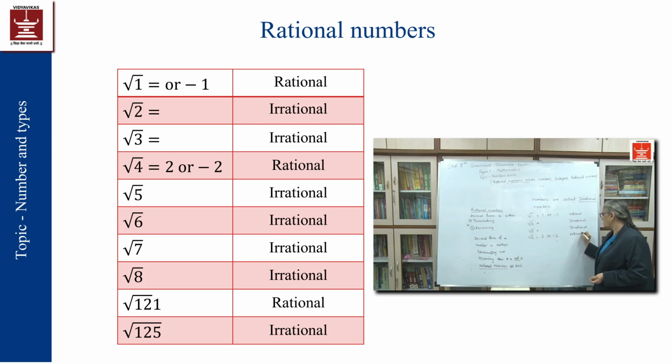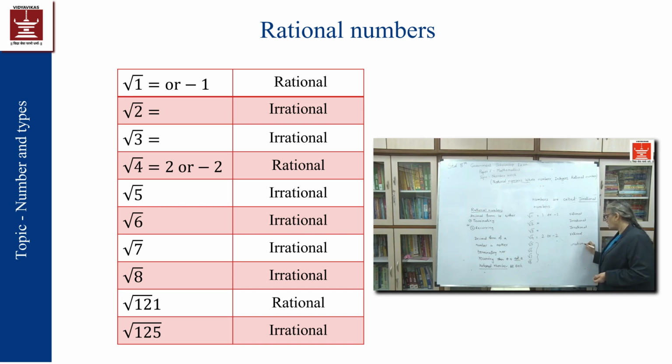Let us proceed. What about square root of 5? It is going to be irrational. What about square root of 6? It is irrational. Square root of 7, square root of 8, all are irrational. Why? Because numbers 5, 6, 7 and 8 are not perfect squares.